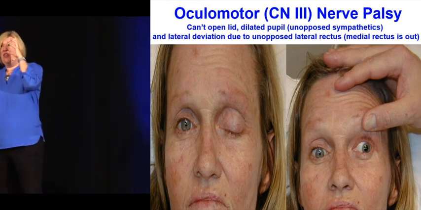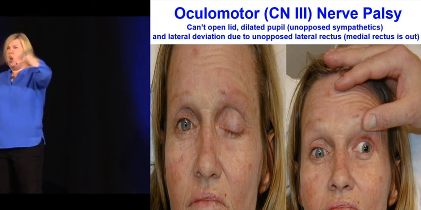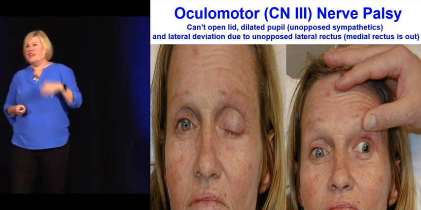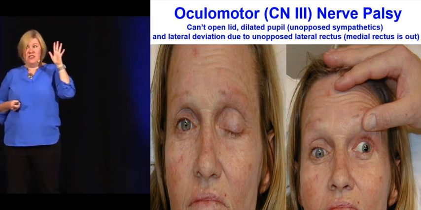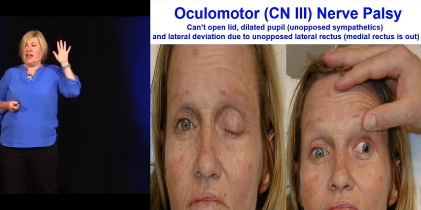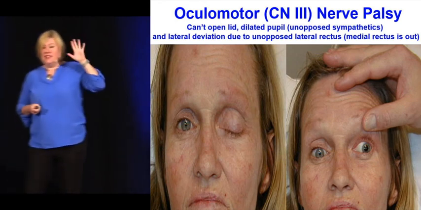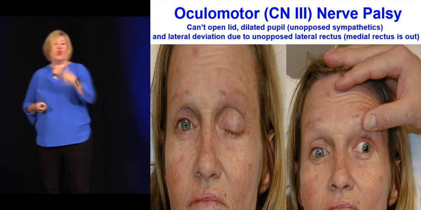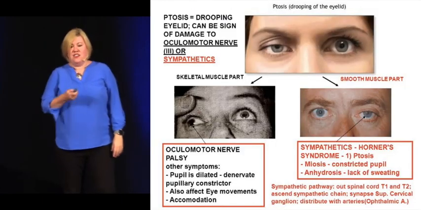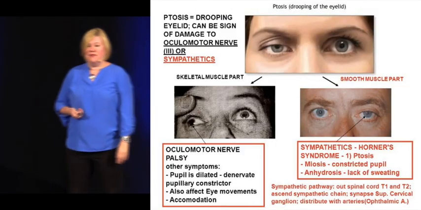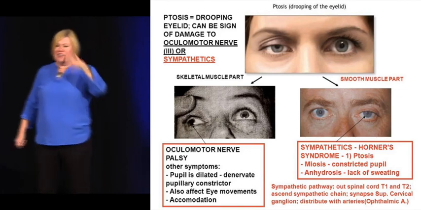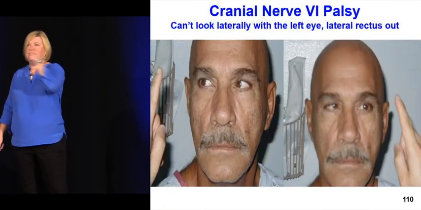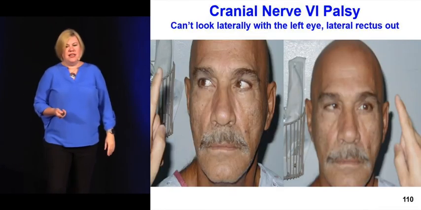And if I also take out the third nerve entirely, I'm taking out all of that stuff it does with the eye movements, and so that lateral rectus, the sixth nerve that's still intact, pulls it out to the side. So you get basically this sort of deviated eye. That's a third nerve palsy. And this is another slide just illustrating those two things. If I only take out my sixth nerve and I can't look out to the side, then that's going to be an isolated lateral rectus problem, pretty easy to pick up on.